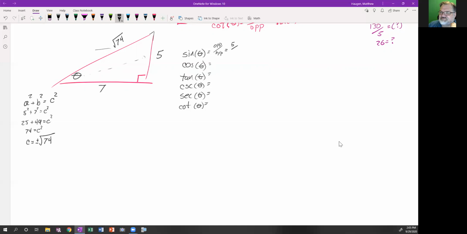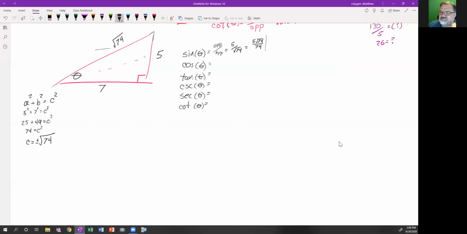It's a nice exact value, so we're going to keep it. So it's going to be 5 over the square root of 74. You do want to rationalize your fractions. It's a good habit. It's very polite to rationalize your fractions. So the sine of that angle theta is 5 square root of 74 over 74.